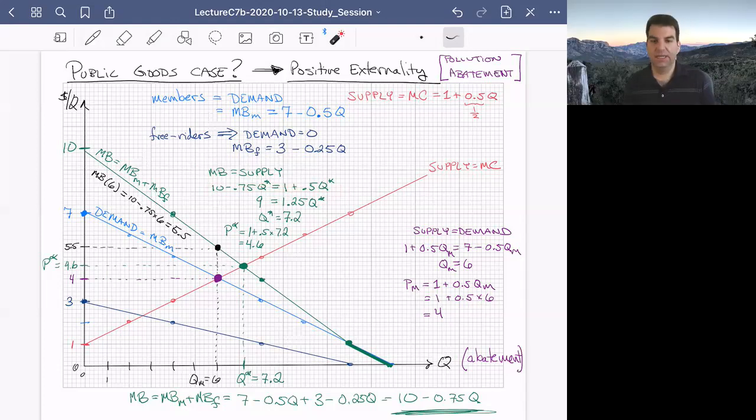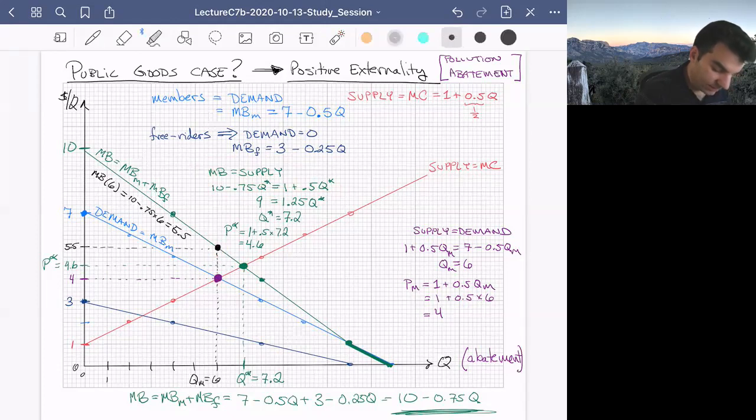All right. So I've now solved for all of the relevant points. Basically these 3 points are the really important ones here. And now I can calculate surpluses and deadweight losses.